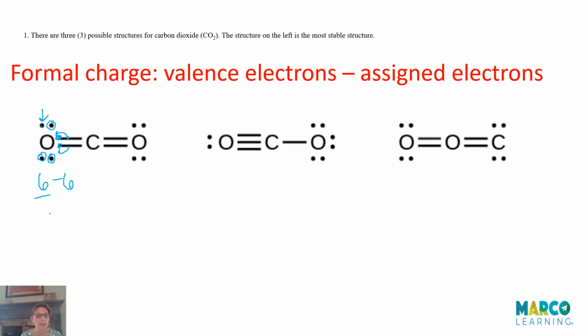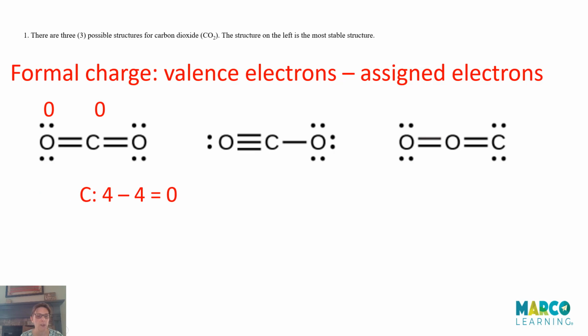So we have 6 valence electrons minus 6 that are assigned, which gives us a 0 for the formal charge for this oxygen. And now we're just going to go through and do the same thing for the carbon.